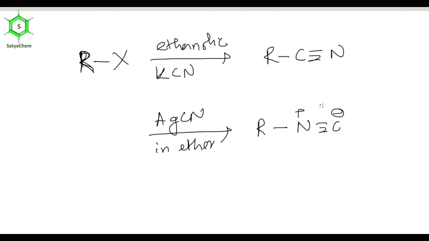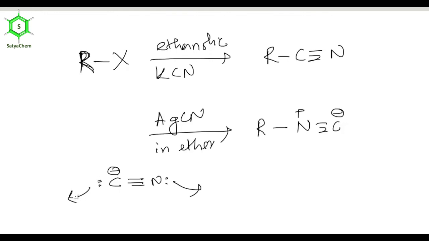Obviously, CN minus can act as an ambident nucleophile. What do you mean by ambident nucleophile? It can attack through both ends, from the carbon end and from the nitrogen end.